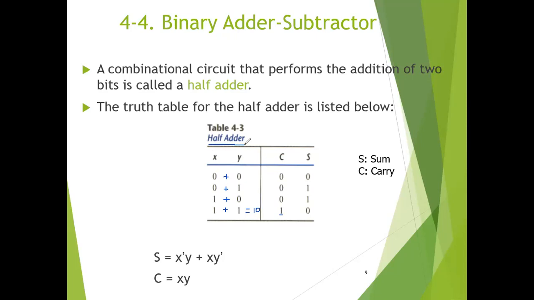The names half adder and full adder come from the fact that two half adders can be employed to implement a full adder circuit. Similarly, a binary adder-subtractor is a combinational circuit that performs the arithmetic operations of addition and subtraction with binary numbers. We should remember that these operations are only performed for binary digits, binary numbers.